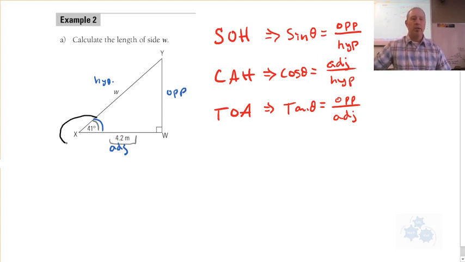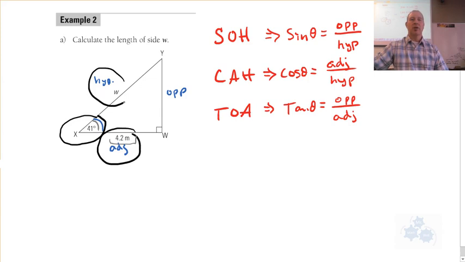Well, if I use the 41 degrees, if I use the adjacent side length, I can then solve for the hypotenuse. So which trig function uses the adjacent and the hypotenuse? Let's see, right here. You see that? Adjacent and hypotenuse. So I'm going to use this.